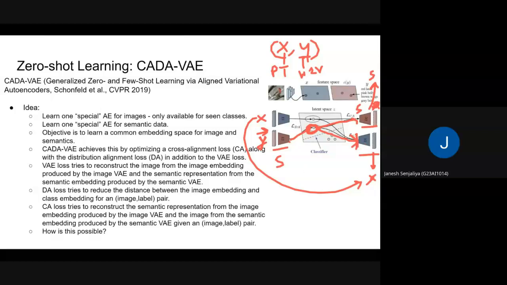So it's trying to recover the loss, getting the similarity between that X and what we decoded X, right? Yeah.